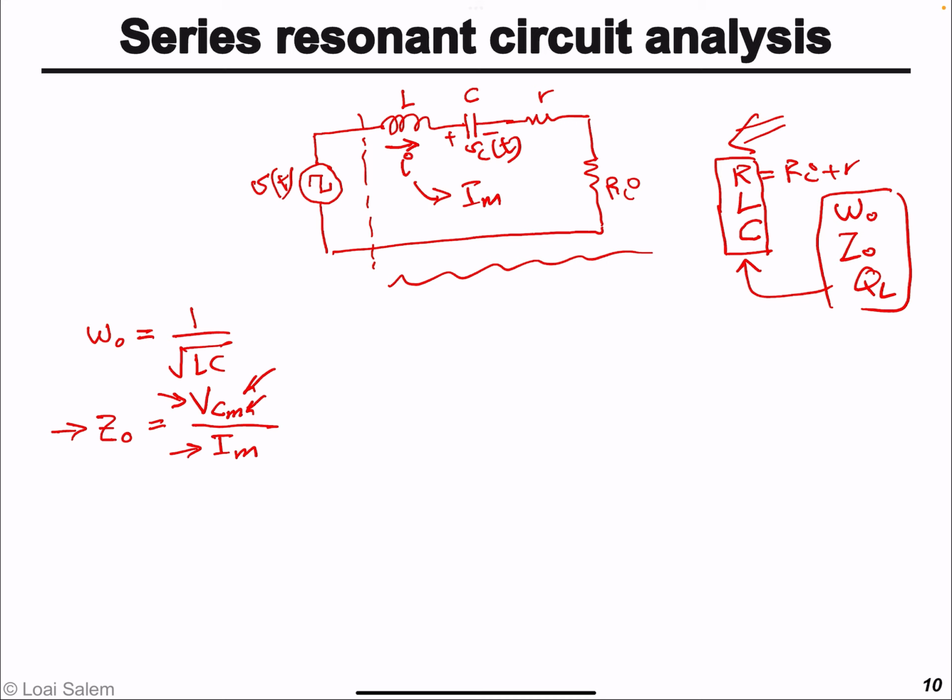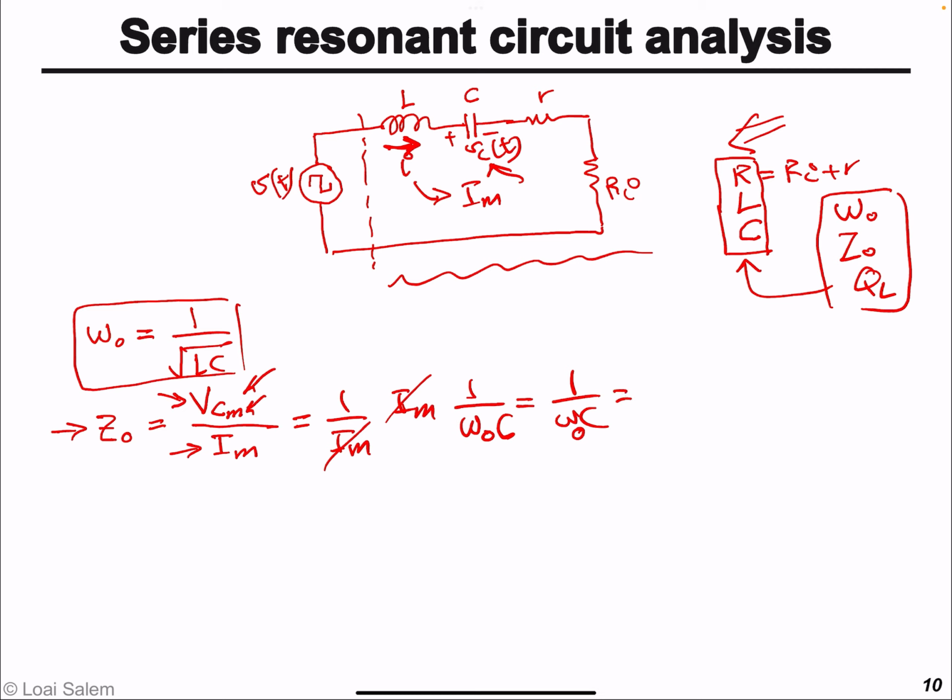And so we know that the amplitude of this capacitor voltage is equal to the amplitude of the current in the RLC circuit, multiplied by 1 over omega node C. So IM cancels IM, and then we have the characteristic impedance as 1 over omega node C. Now, we know that omega node is given by this expression, so we can replace omega node by 1 over square root LC multiplied by C. If we do the math, this gives us square root of L over C, and that's basically the characteristic impedance of the RLC circuit.